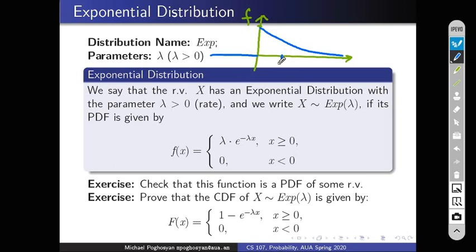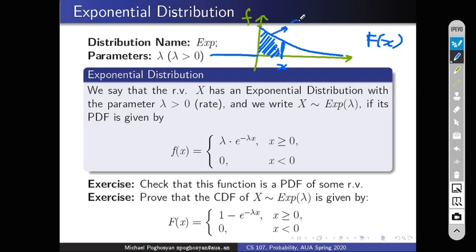Then if x is here, to calculate the value F of x, you need to calculate the area left of that x under the graph. This area will be the value of F of x. And in this case, I cannot use geometric ideas. I cannot calculate this area geometrically. I just need to integrate this function.